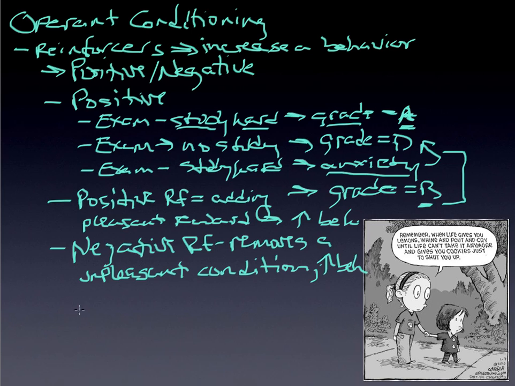So a good example of this would be Advil. Your likelihood to take Advil is for what? To remove a headache. That's a good example of a negative reinforcement.